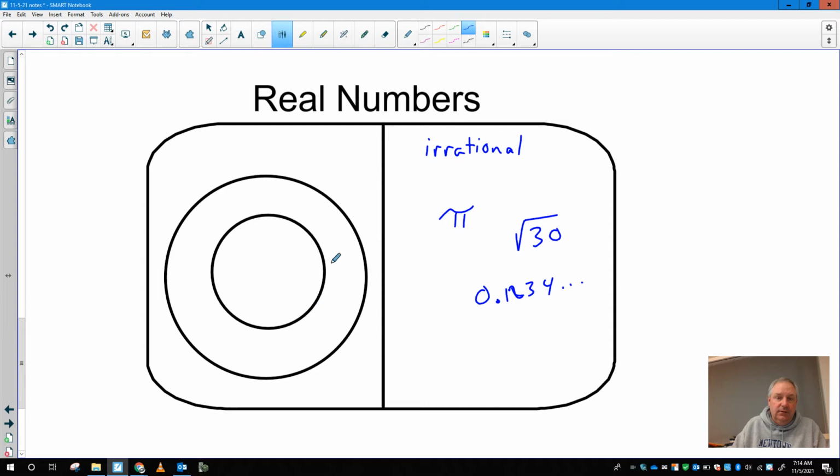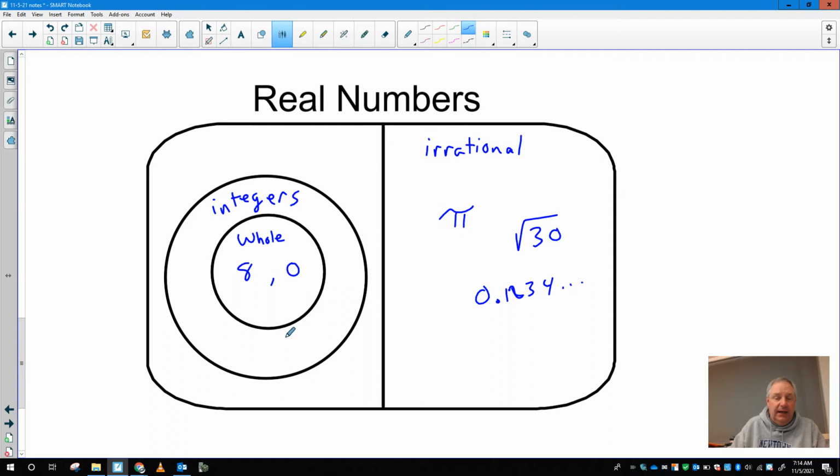Over here, the whole numbers would be in the center. We did this group before. Again, this is just a quick review of these numbers. The whole numbers would be like 8. Anything that's not negative could be 0, no decimals, but it can't be negative. The next group was the group of integers.